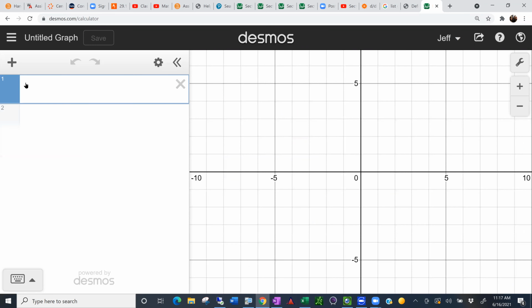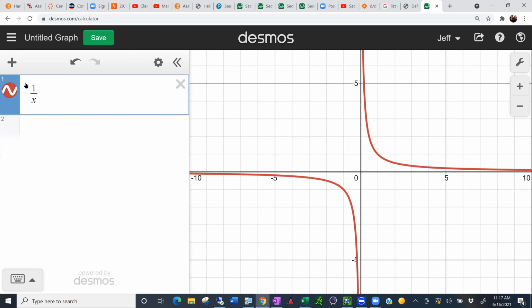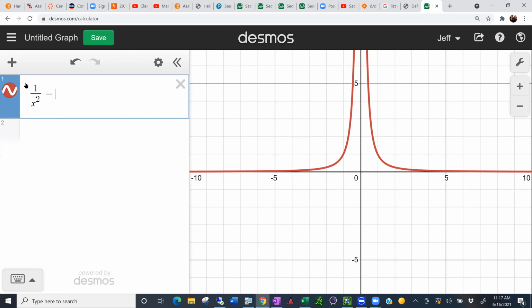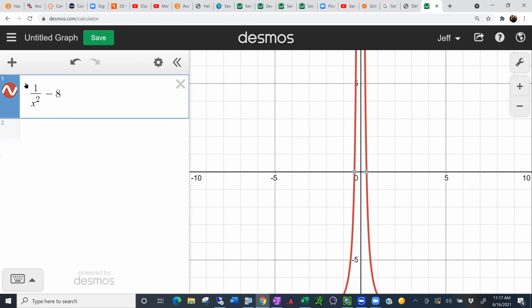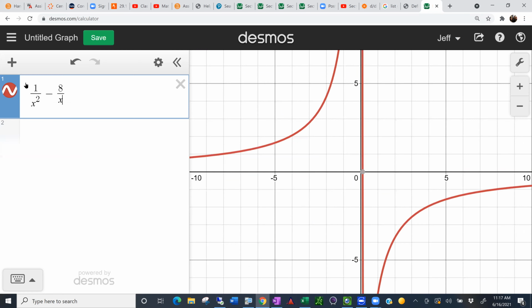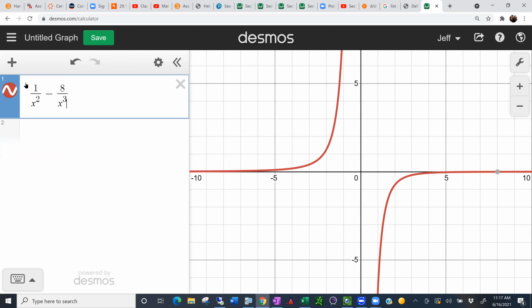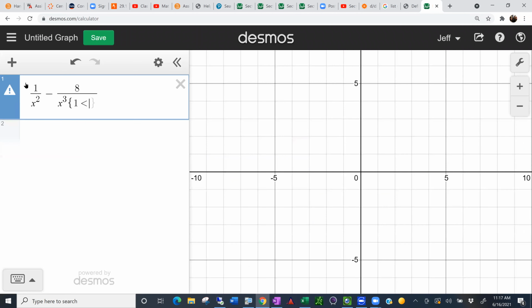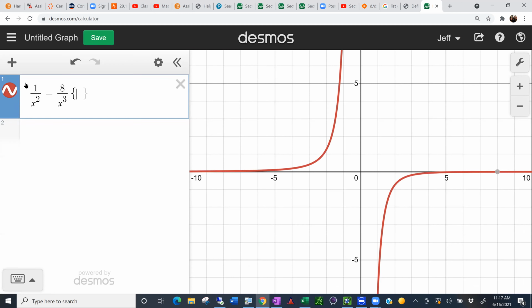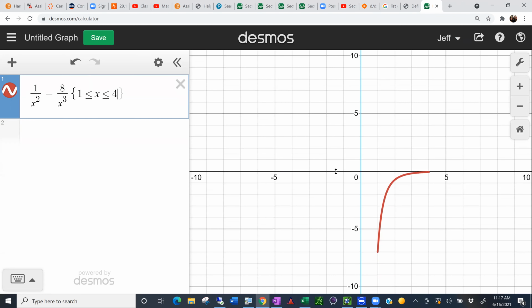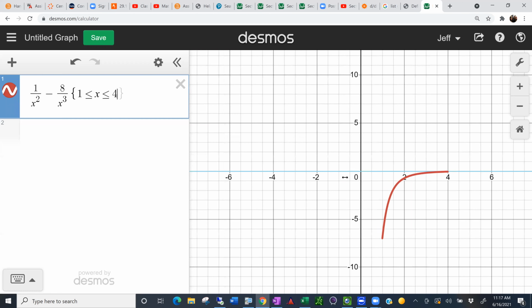So my function was 1 over x squared minus 8 over x cubed, and I want that in the interval 1 to 4. So this is the interval that we're working with, and that's the function that we've got.